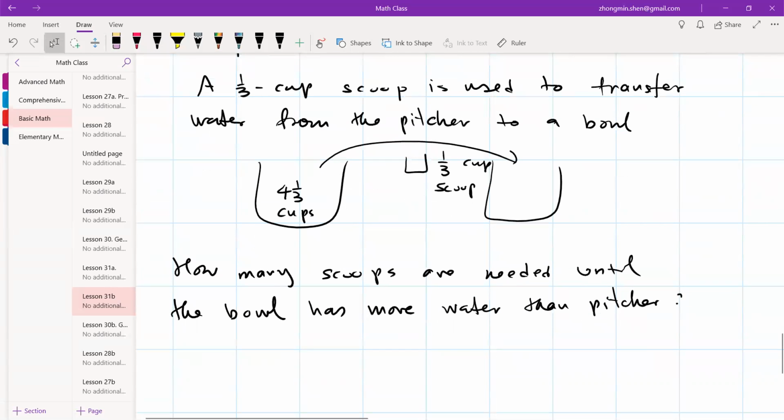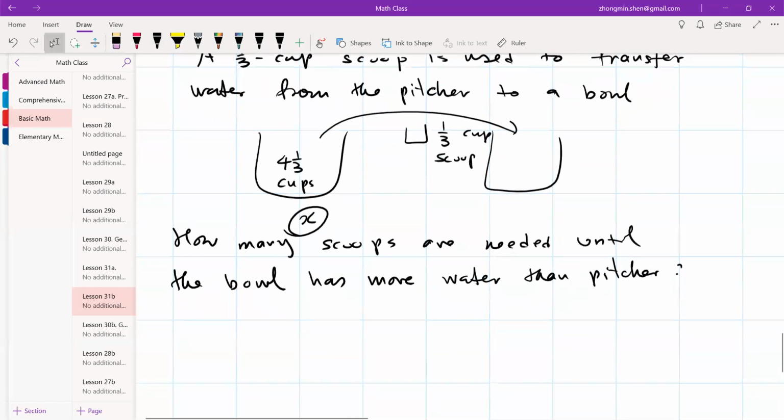So starting with the pitcher, let's call the number of scoops x. Okay, x. So you write down the equation. On this side, you will get 1/3 times x, right?